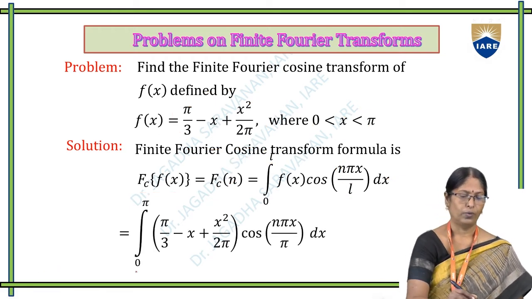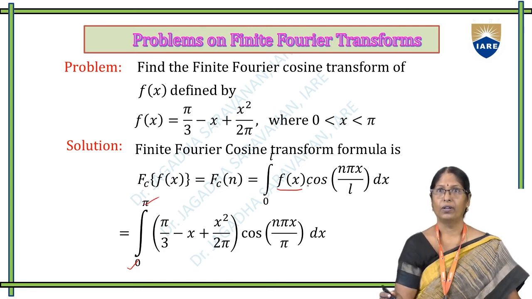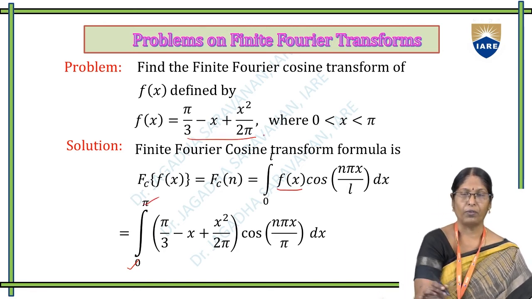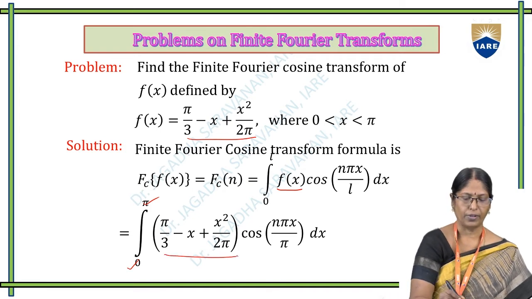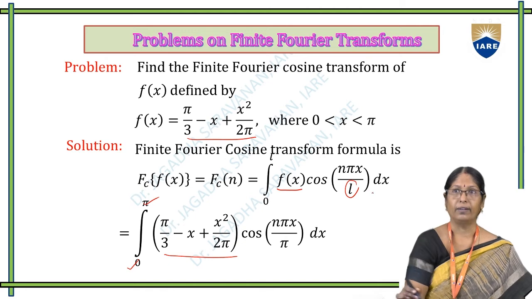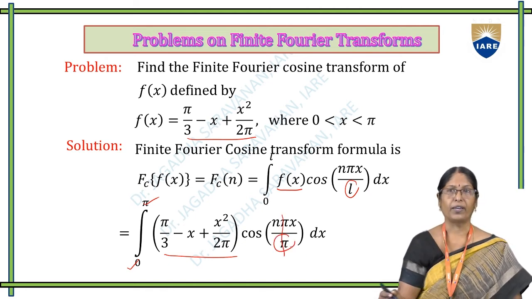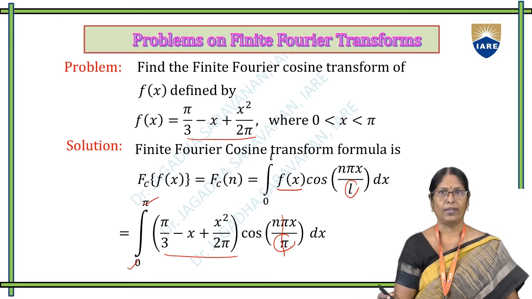Yes, now 0 to pi, our f of x is replaced according to our equation. So it is written here, cos of n pi x by L. So L is replaced by pi, the pi gets cancelled, cos nx.